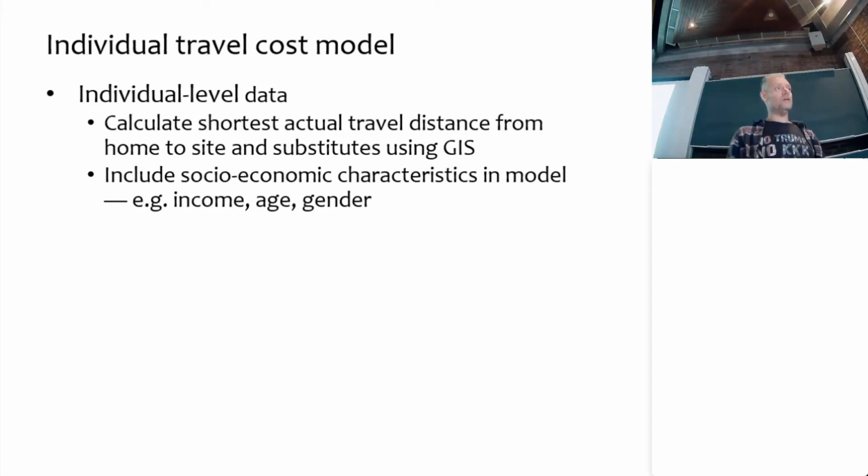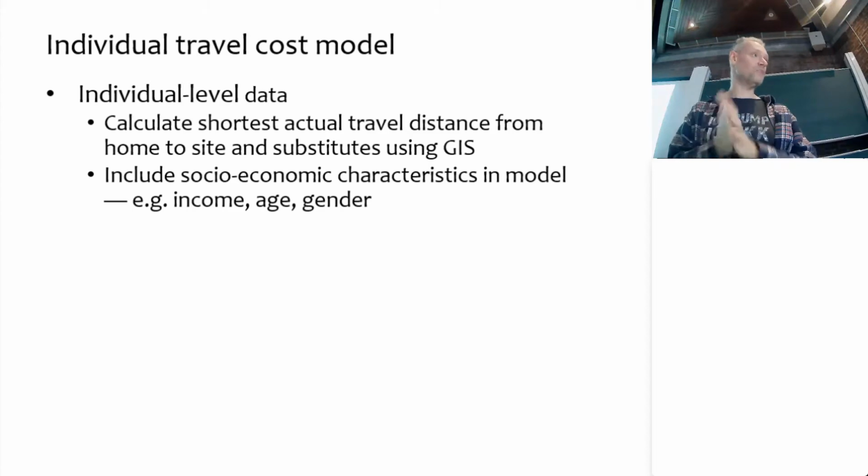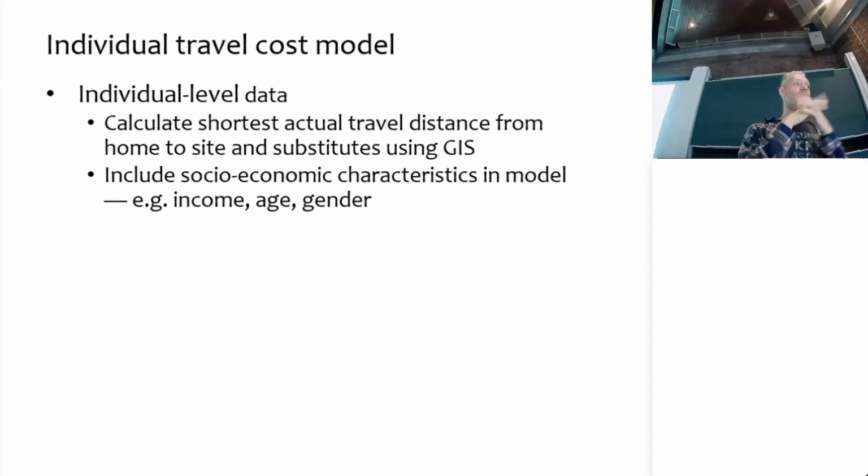What you could also do, instead of a zonal travel cost method, where you put everybody in a zone and you assume that they are all the same, you can estimate individual travel cost methods, where everybody has their own zone, essentially.